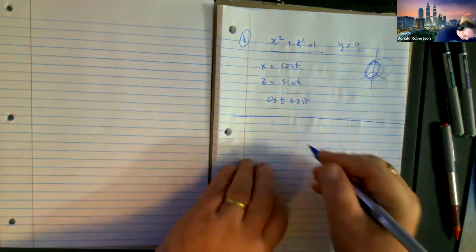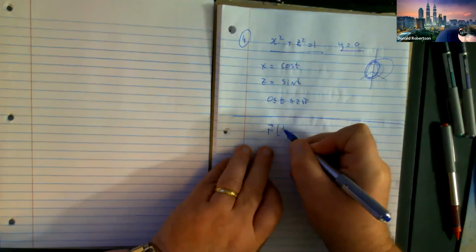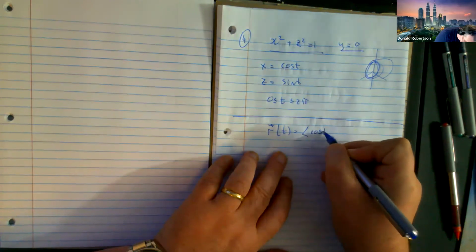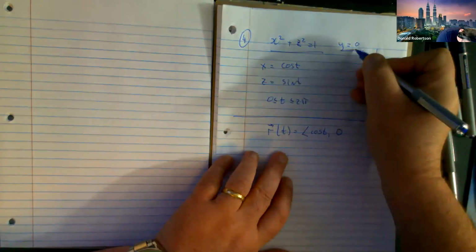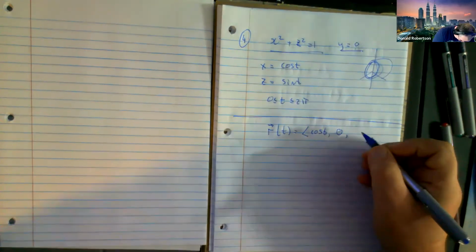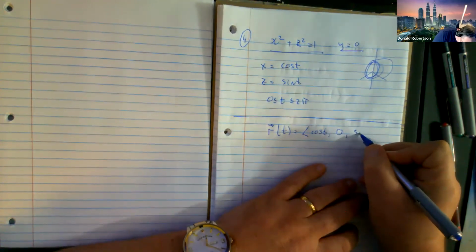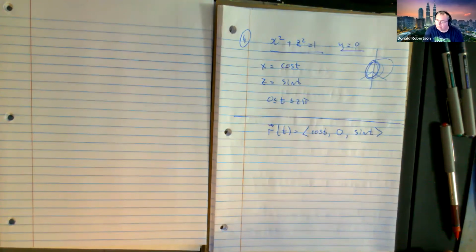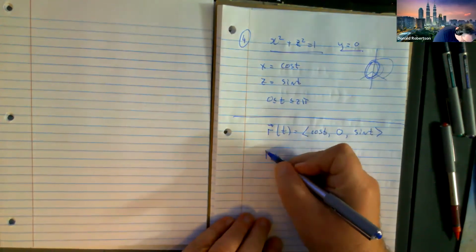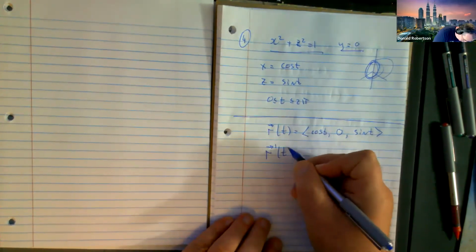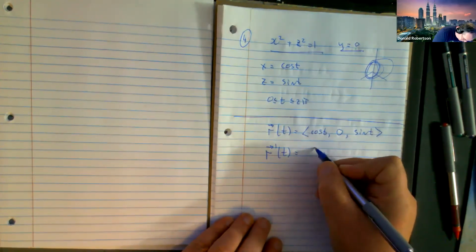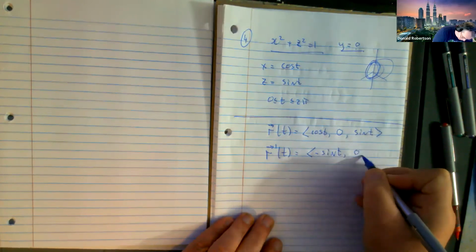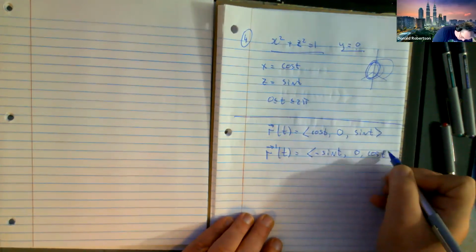Now you put that together, then your space curve is going to have an x component of cosine t, a y component of 0, and a z component of sine t. Are we comfortable with that? And so the derivative of this guy, which is the one we really want to use in the integration piece, is negative sine t, 0, cosine t.